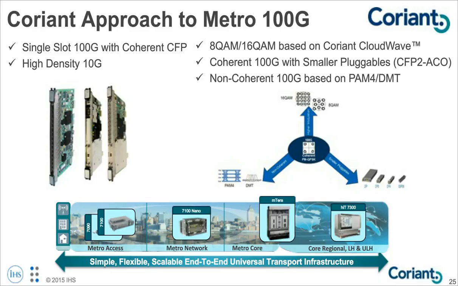So 8QAM and 16QAM based on our Corian CloudWave technology, going to smaller pluggables with coherent 100 gig based on CFP2 ACO, as well as non-coherent 100 gig based on PAM4 and DMT. So we see a strong role for each of those technologies and plan to support them in our metro product lines in the short to medium term.